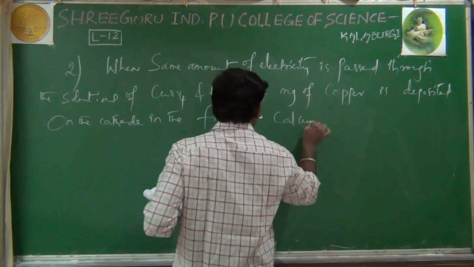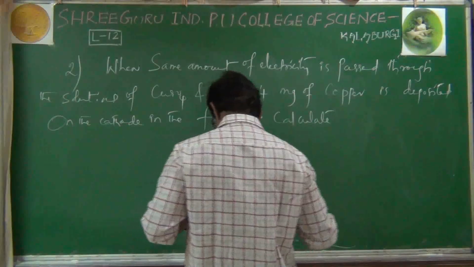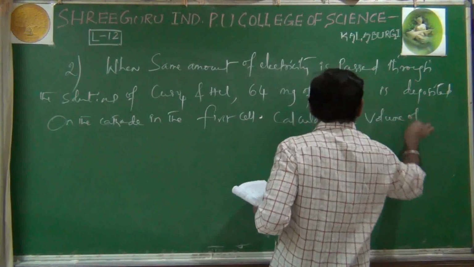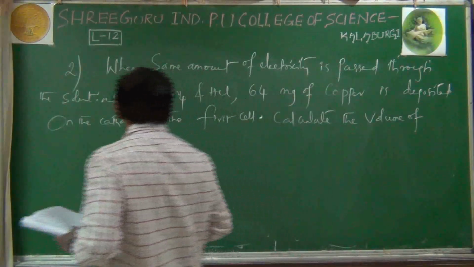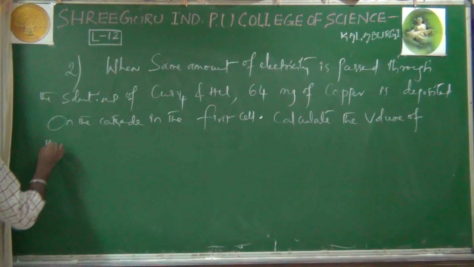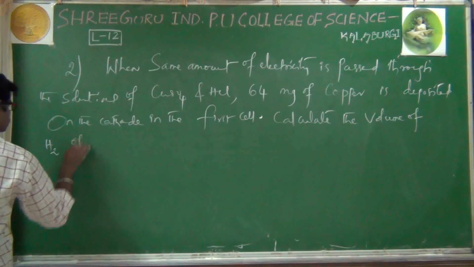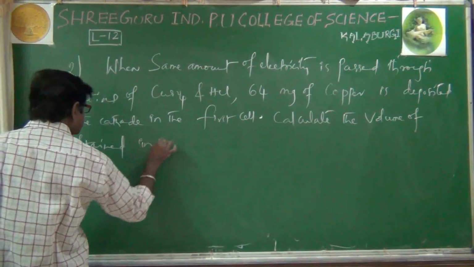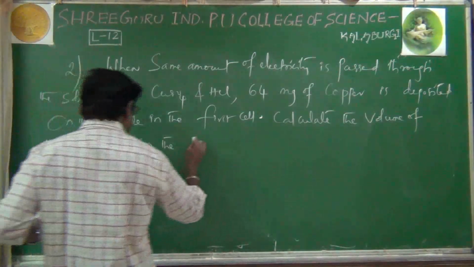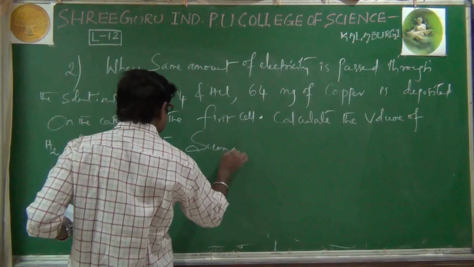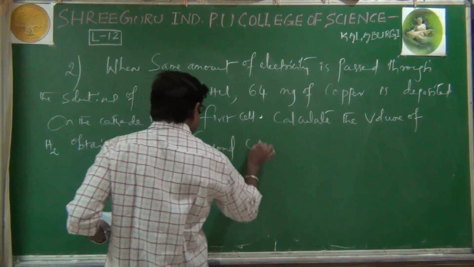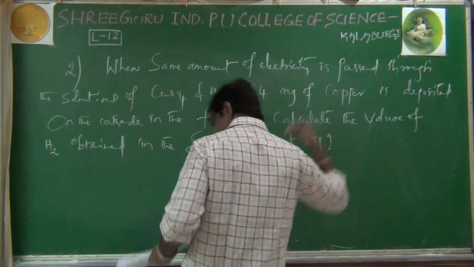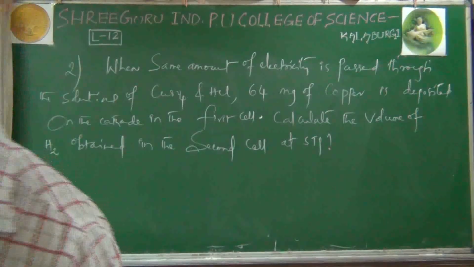Calculate the volume of hydrogen obtained in the second cell at STP. That is the question.